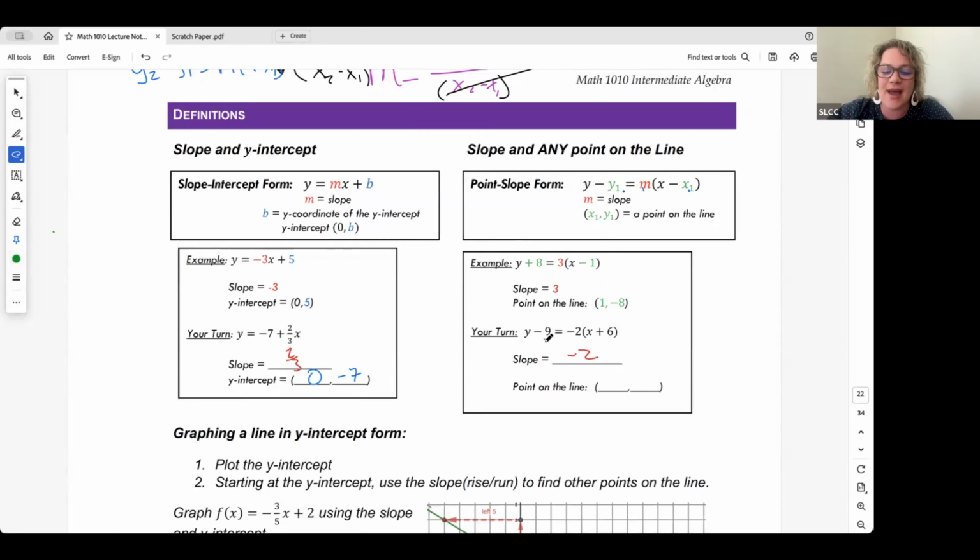So y minus 9 and x minus a -6. So x would be -6 and y would be 9. Just take the opposite of what you see. I see -9, so the opposite is 9. I see +6, so the opposite, -6. Notice that template. You're subtracting.